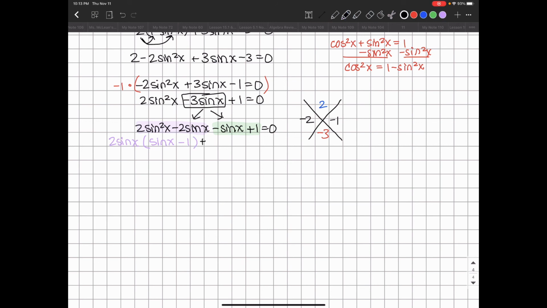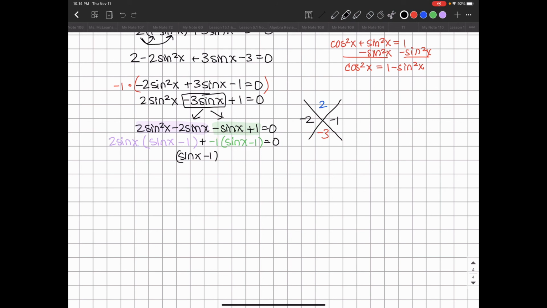Plus, if I take out a negative, I want to get the same thing here. If I take out a -1 and I have -1 times sine of x minus 1, I can see that these two pairs of terms have something in common. Sine of x minus 1 is what they have in common. So I have 2 sine of x of that, and I have -1 of that.